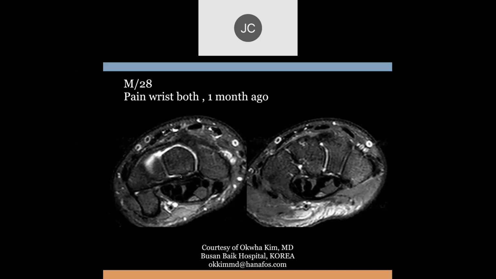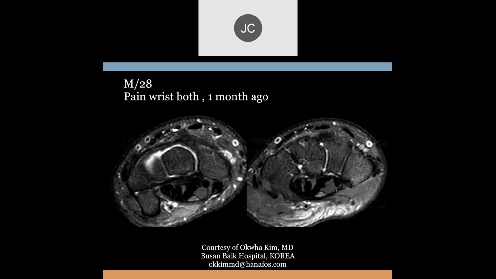We've got a 28-year-old male, wrist pain in both, one month ago. I see the median nerve, but I'm trying to figure out what that structure is to the right next to it.